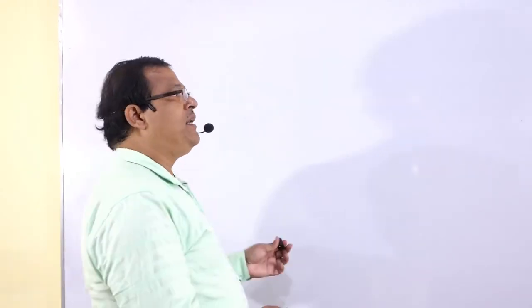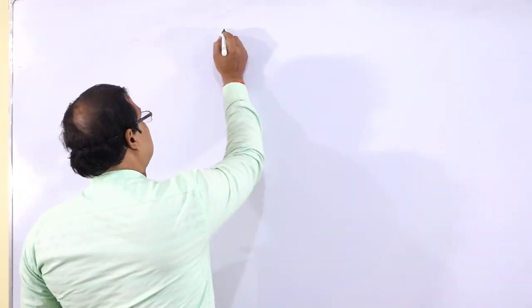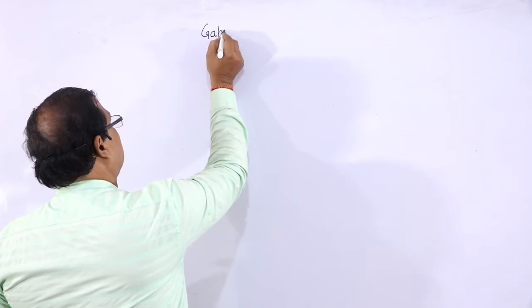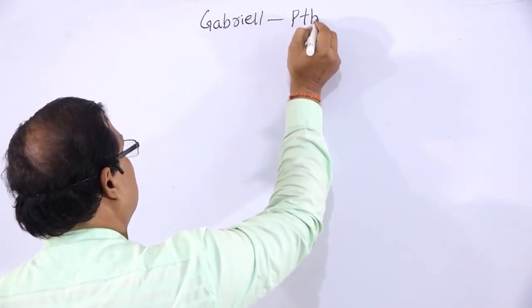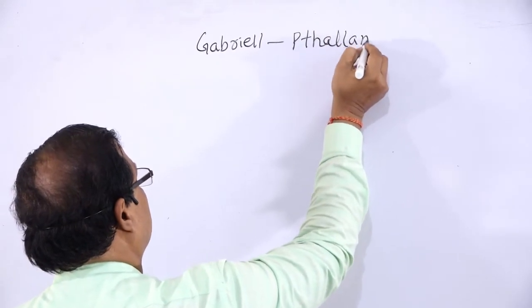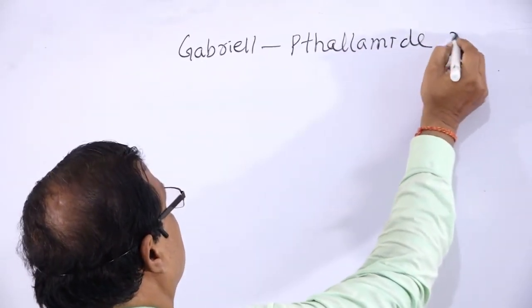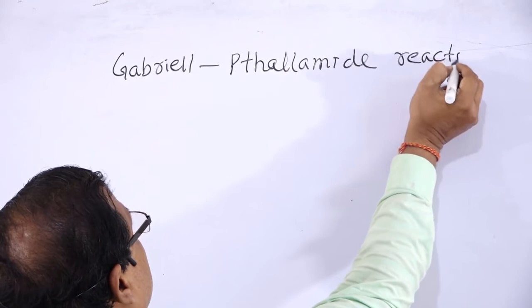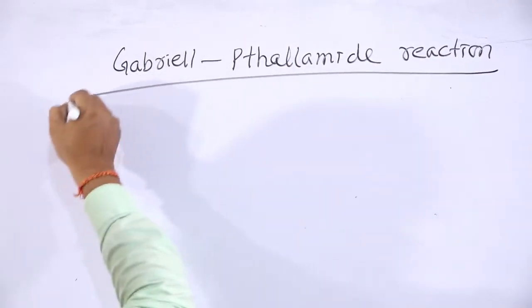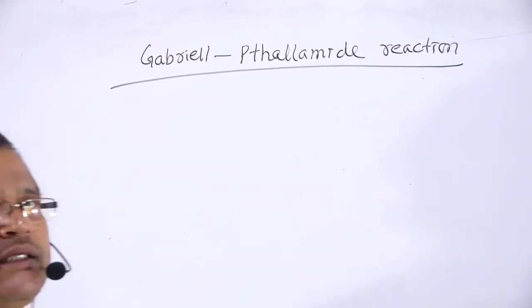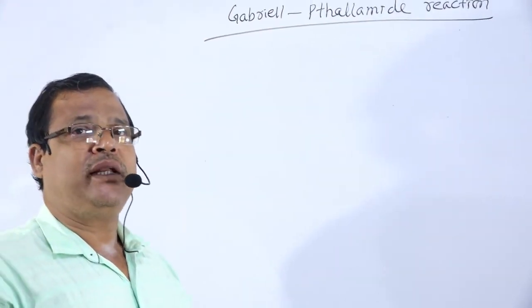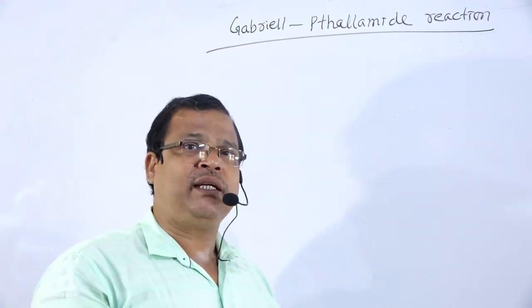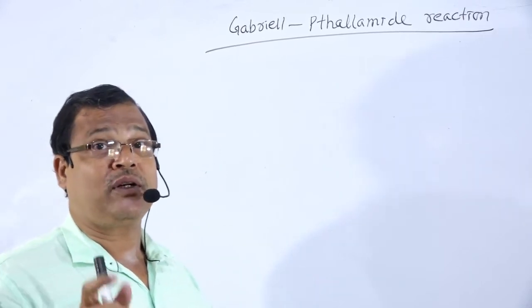So the next method of preparation is the Gabriel phthalimide reaction. This is the method of preparation of primary amines, particularly aliphatic but not aromatic.